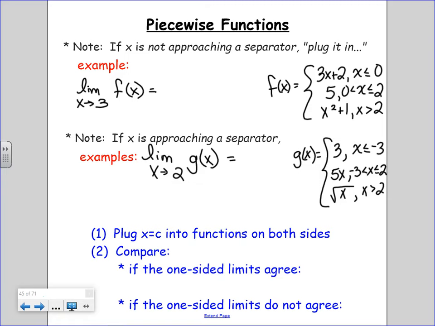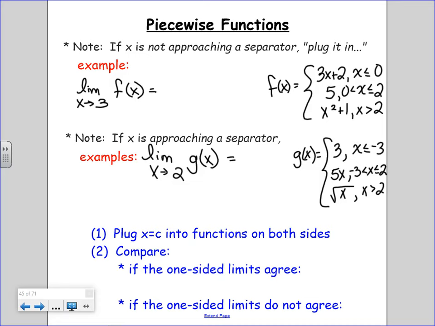Here we go, piecewise functions. The first one should hopefully not be scary, because what x value am I approaching in the first example? 3. Now, to approach 3, could I start all the way over at like -10 and eventually work my way up to 3?